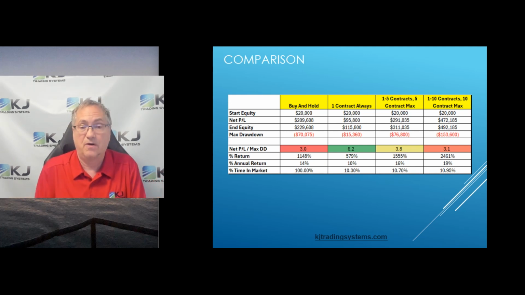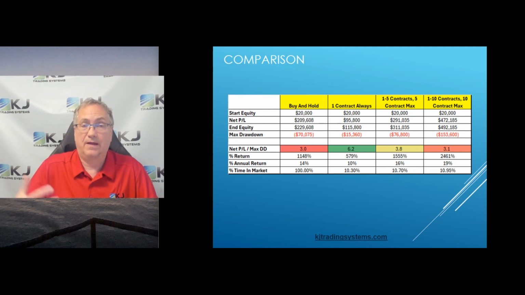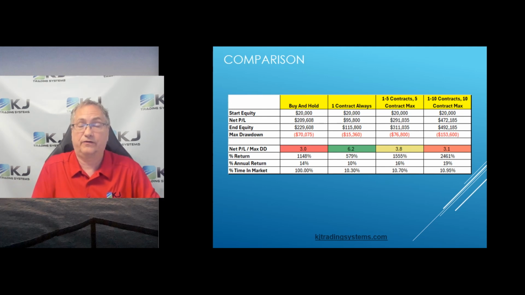Well, that's true. But your exposure with buy and hold, you're always in the market. Where if you trade this strategy with one contract, you're only in the market 10%. So that means 90% of your time, that cash in your brokerage account could be put to use trading other strategies.